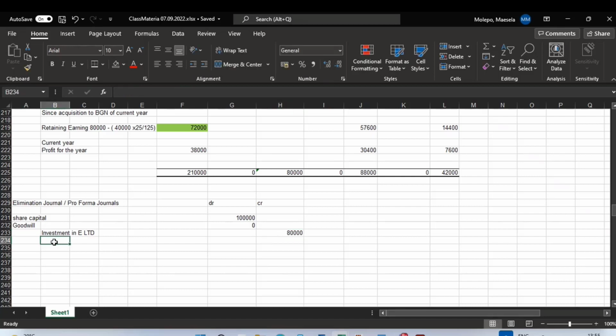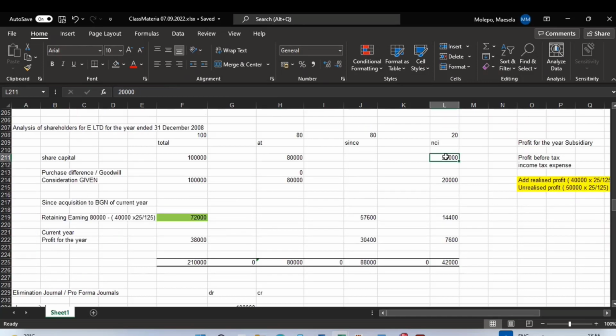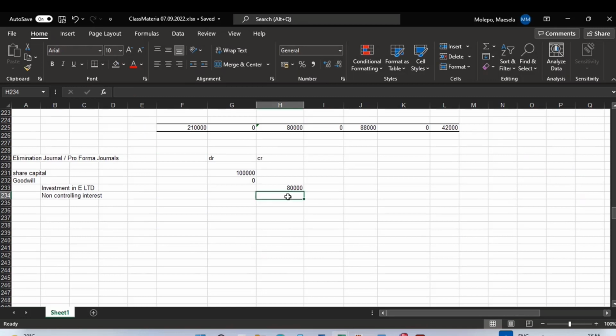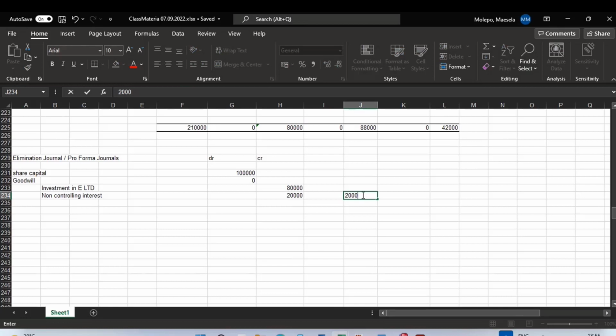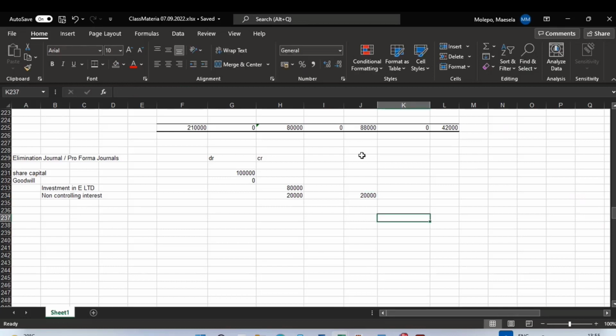So the non-controlling interest will be the total of non-controlling interest since acquisition, which is this one. So this one is just general.